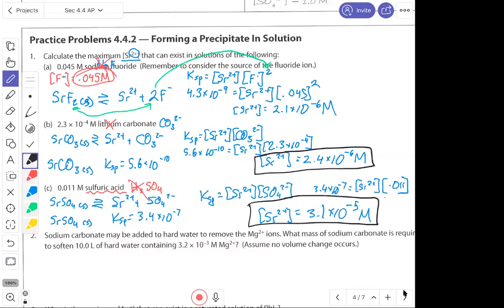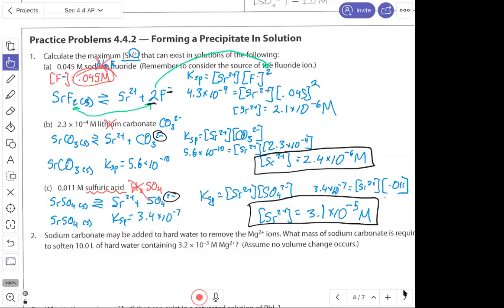So for both B and C, there were no squares, because both of your anions here had charges of 2- as opposed to the fluorine, which was a single minus, which is why we had to have the 2 here. So that's the basic format of the problem in general.